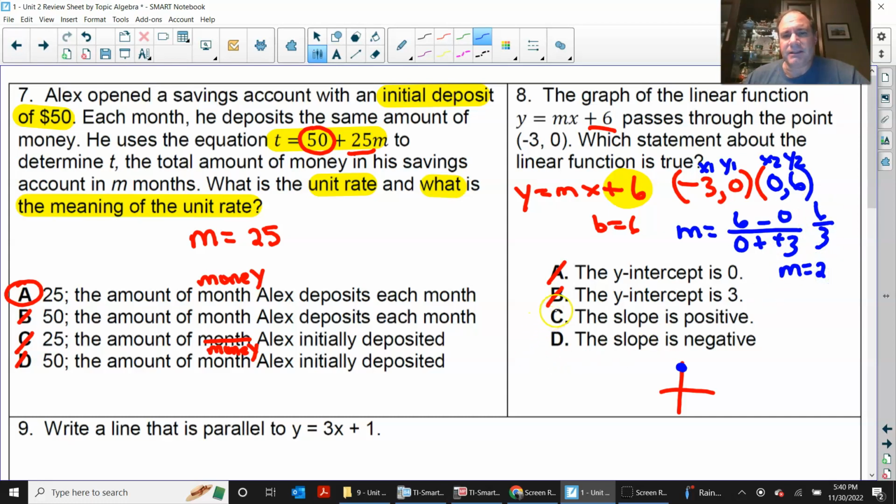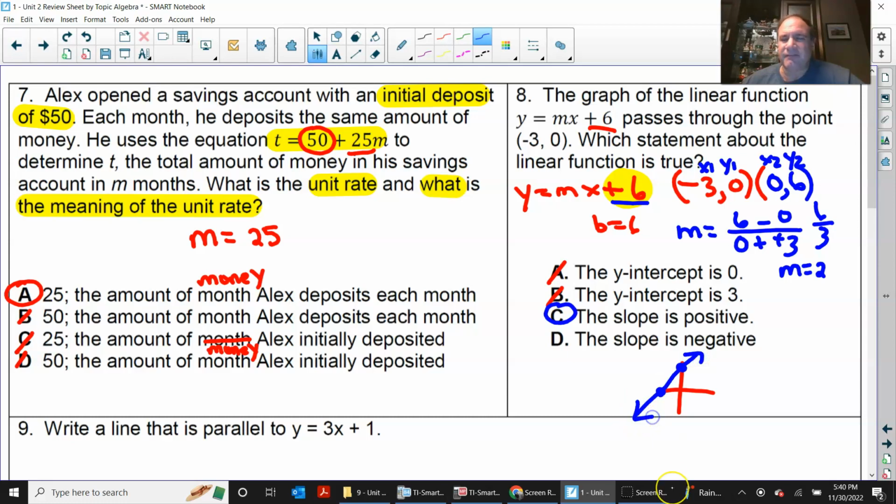The slope is positive. If you did not want to do that, see my little sketch down here? This is the y-intercept. Look at the y-intercept, it's 6. You see this other point? (-3, 0). See that line?